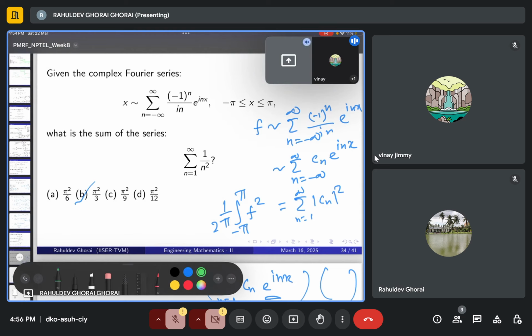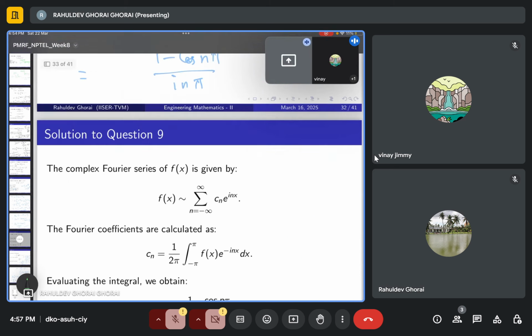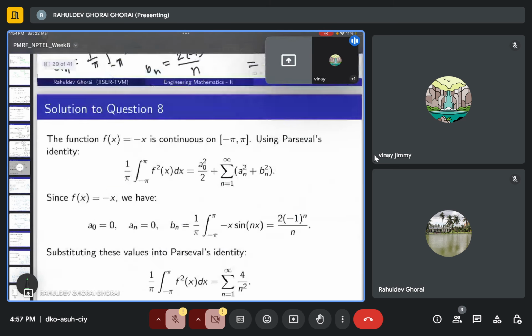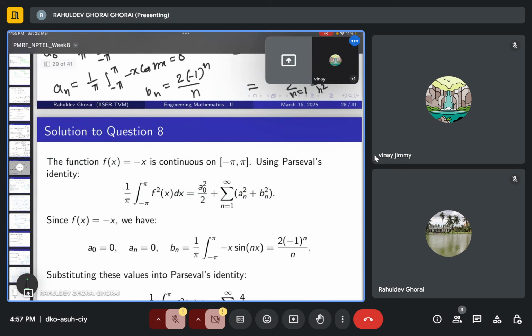The crucial point will be this. Once you know this, then you're done. Once you evaluate this, then you're done. We did a similar thing before. If you remember, here also a n square plus b n square.